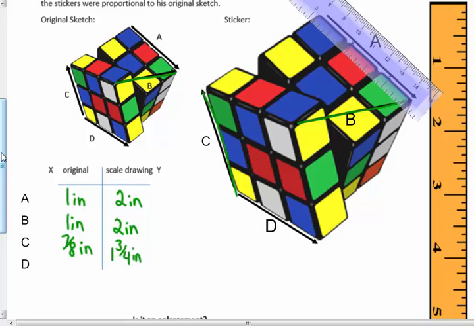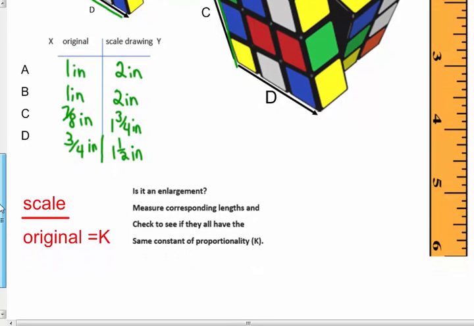And I measured D, this bottom side here, on the original sketch, and I got 3/4 of an inch, or 6/8 if you want to read it that way. You could say 6/8 of an inch, or 3/4 of an inch in lowest terms. And D did measure to be 1.5 inches. So is this proportional?